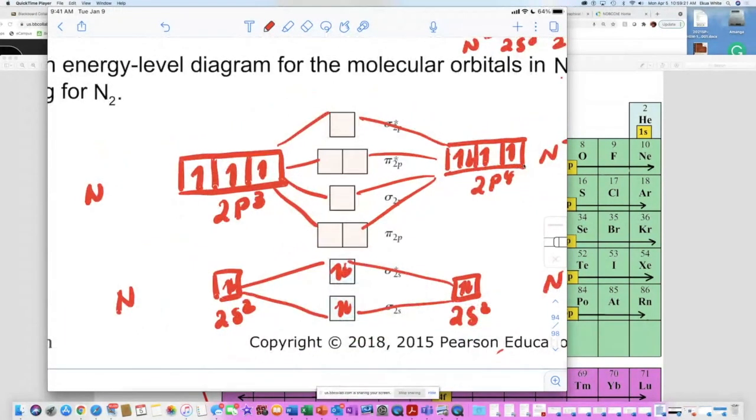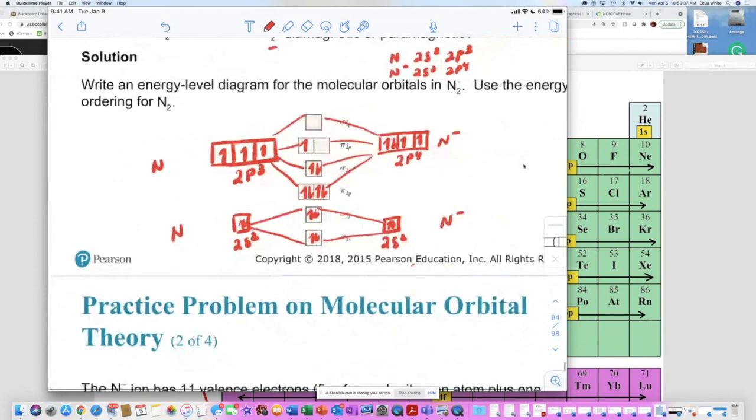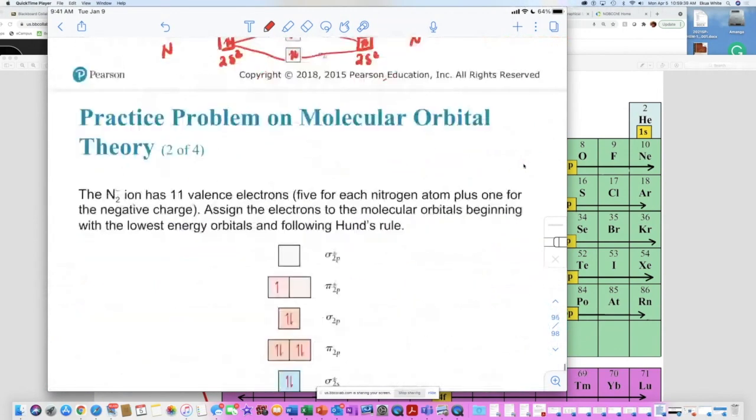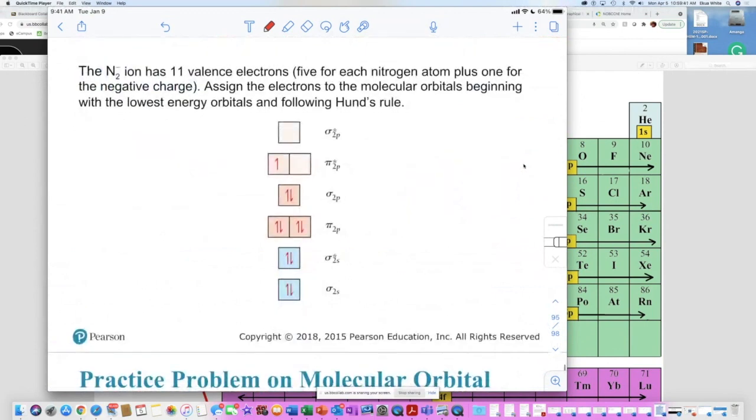Now we have to place 3 and 4. 7 electrons, up, down, that's 4, 5, 6, 7. Ooh, this is paramagnetic, right? 1, 2, 3, 4, 5, 6, 7. Isn't that what they have here? Yeah, that's what they have here.